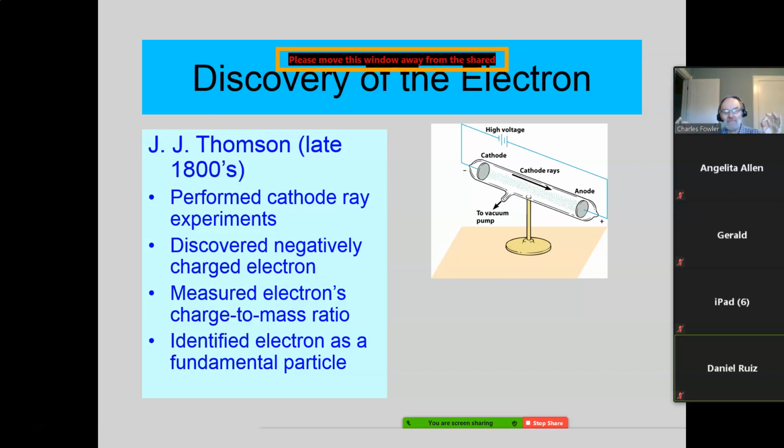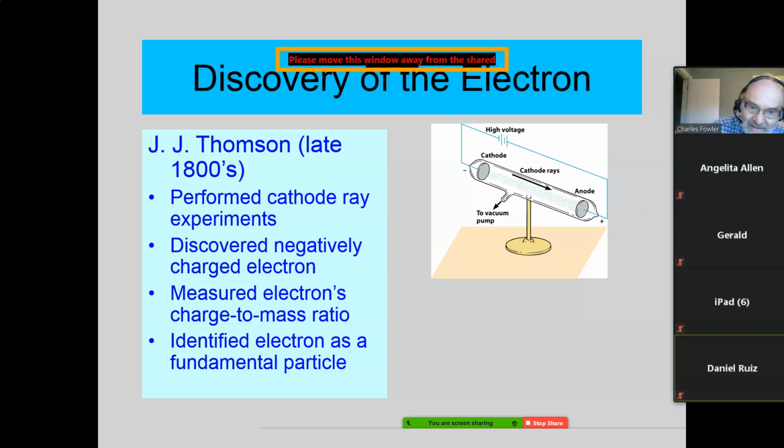Now, atoms can't be divided into anything smaller and still be that material, but an individual atom can be split into protons, neutrons, electrons, but they're no longer that particular matter. Okay? They're now just the fundamental particles.